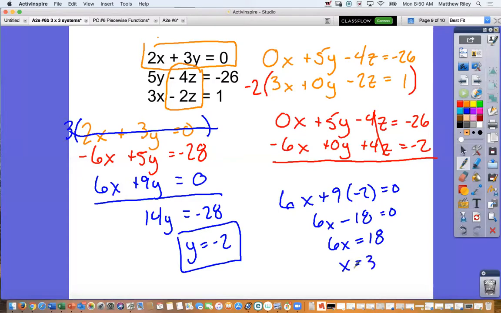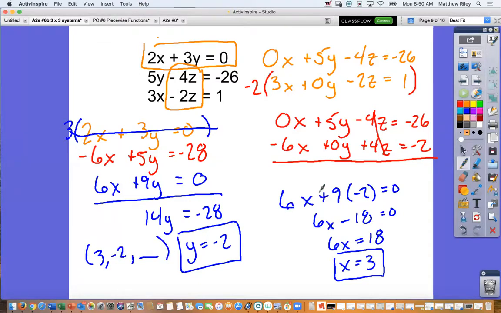I will definitely talk you through the steps, but I'm not going to show every single step, especially once we get to a simple equation. You should know to get rid of a -18, you add 18 to both sides. To get rid of times 6, you divide by 6. So far, my answer is 3, -2, and then I just have to find out what z is.